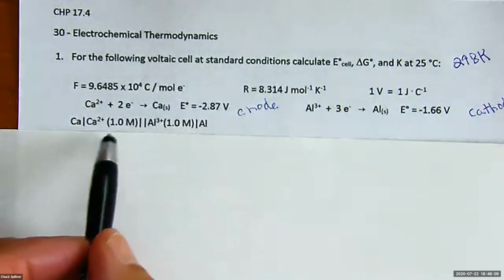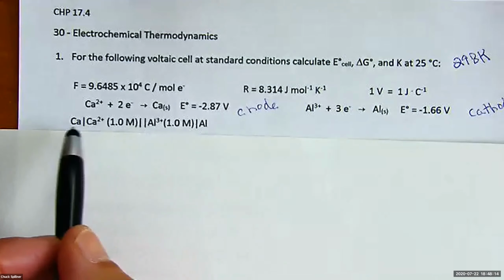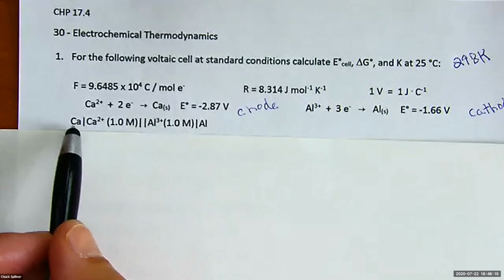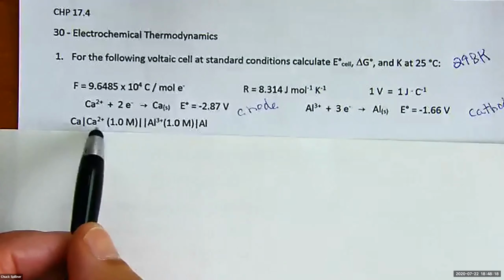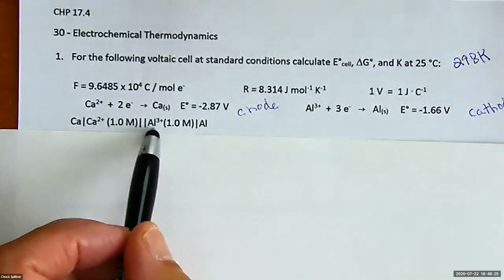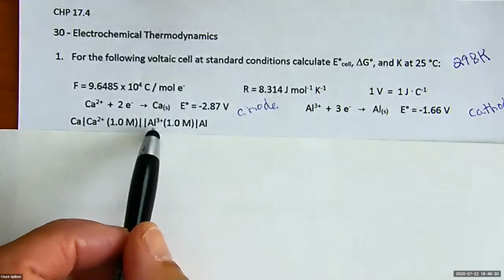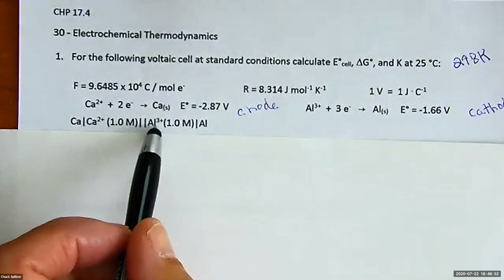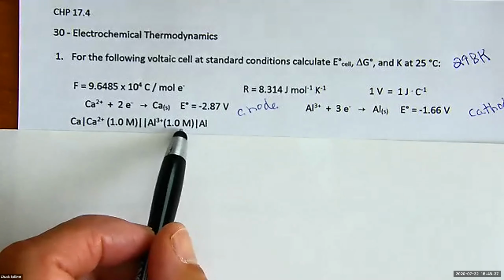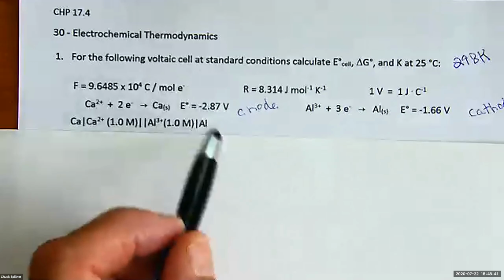Notice the concentrations of the ions are 1 molar, which means it's under standard conditions. In this one, we have a calcium electrode immersed in a calcium 2+ solution, and then there's a salt bridge. This is the anode side. On the cathode side, we have an aluminum 3+ solution at 1 molar and an aluminum electrode. These electrodes are connected by a wire.